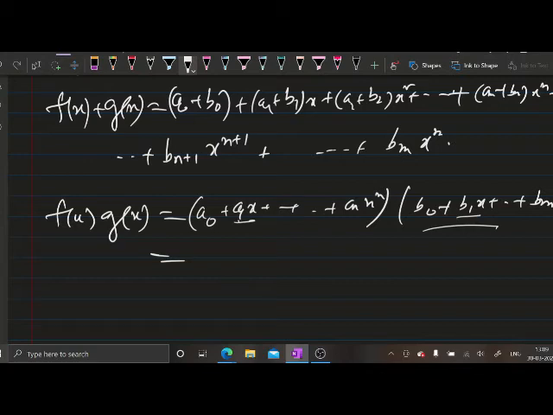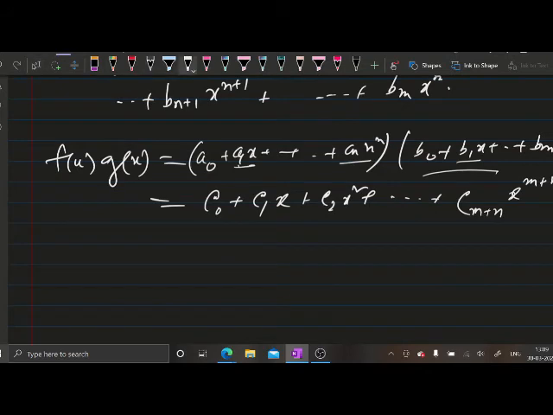So you are going to have a polynomial with coefficients c0, c1x, c2 x square, up to c(m plus n) x to the power m plus n, right? Because we consider the last term as an x to the power n multiplied with bm x to the power m, that means an bm x to the power m plus n, right?